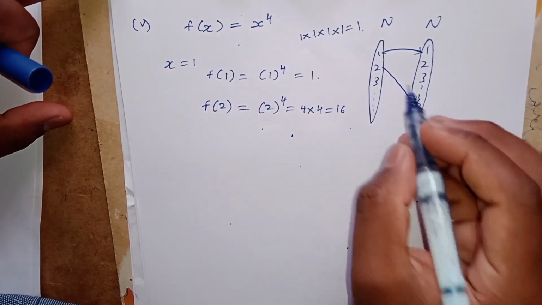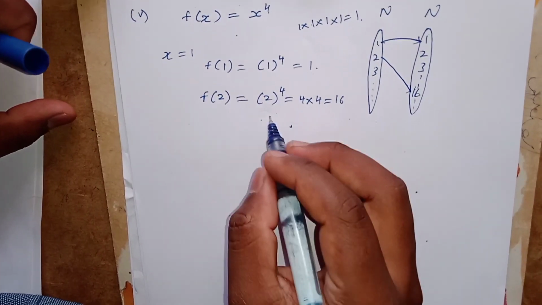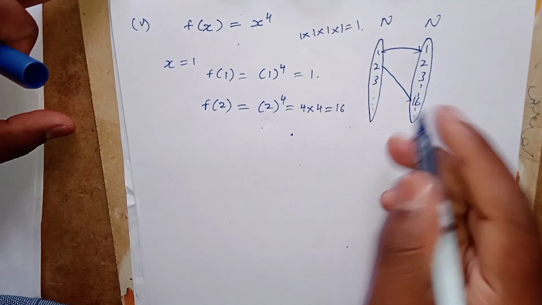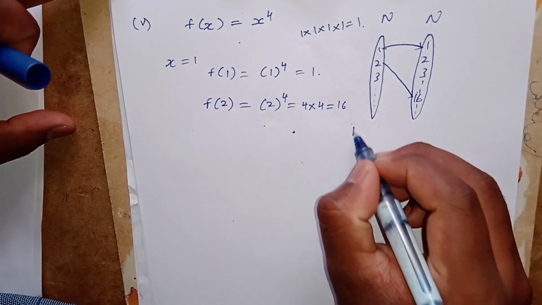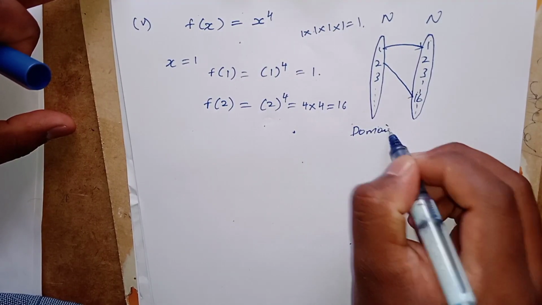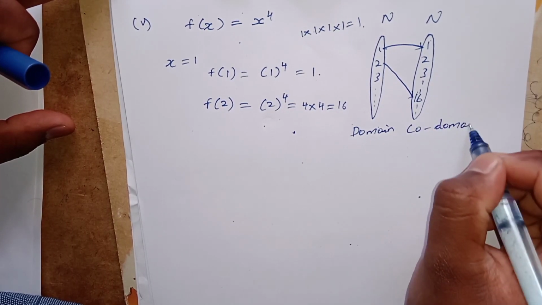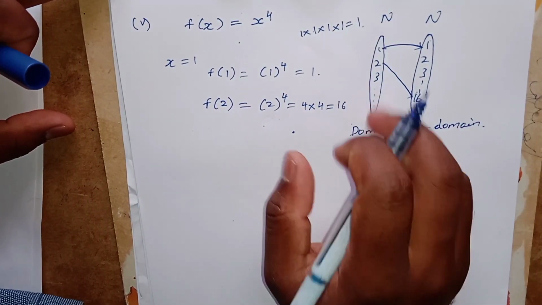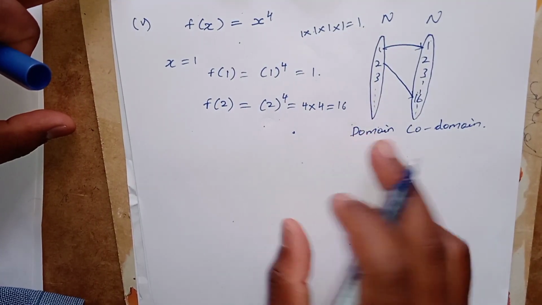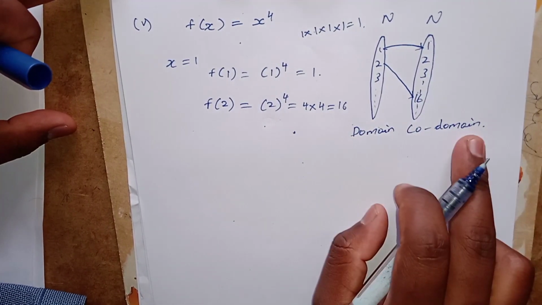Like this, from domain to codomain. The first term is my domain and the second term is my codomain.